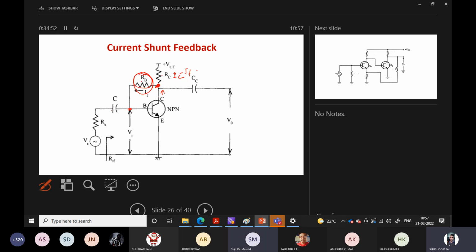Now, from this circuit configuration, you tell me, is it connected in shunt or series? Sir, how can we say that it is connected in shunt? What is series configuration?